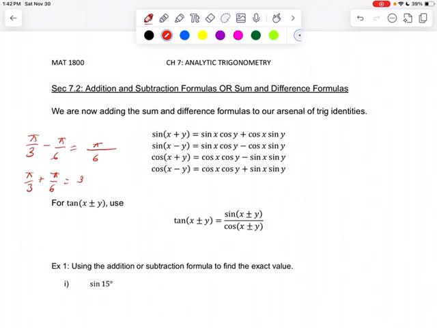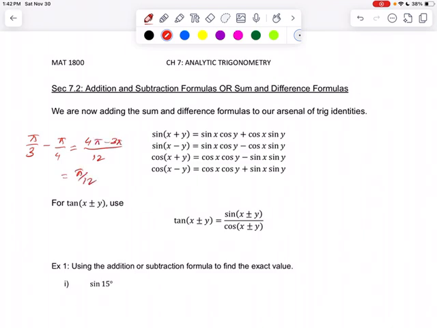Okay, so what about pi over 3 minus pi over 4? With a common denominator, you get 4 pi minus 3 pi, so we get pi over 12.